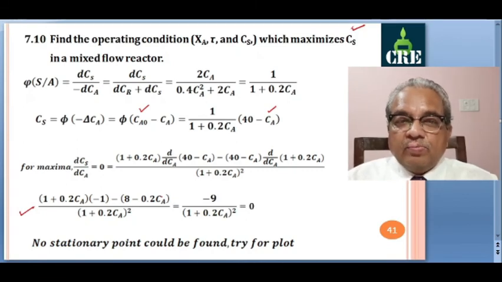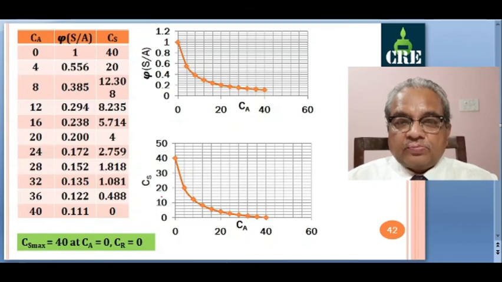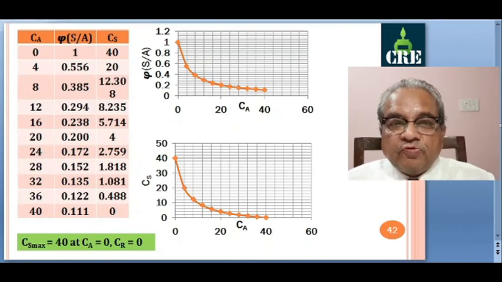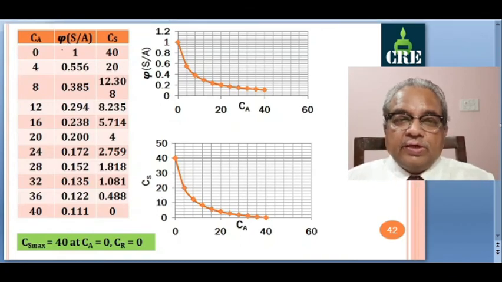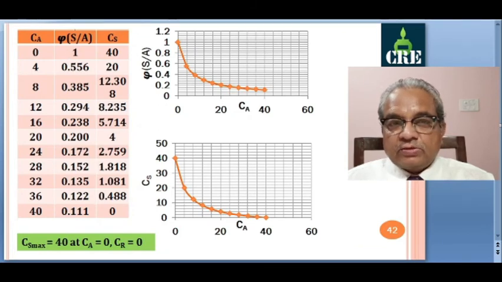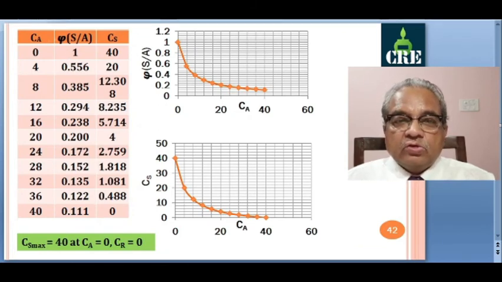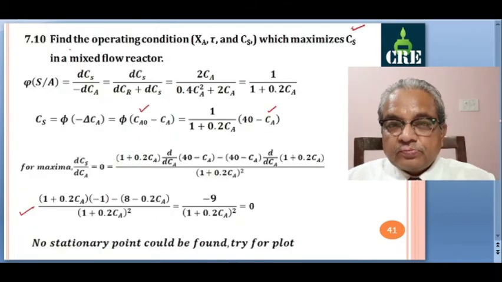So we'll try by making a plot. So this is a function, instantaneous yield of S, written as S by A. So CA, CS, CS you can calculate. Instantaneous yield you can calculate, 1 upon 1 plus 0.2 CA.